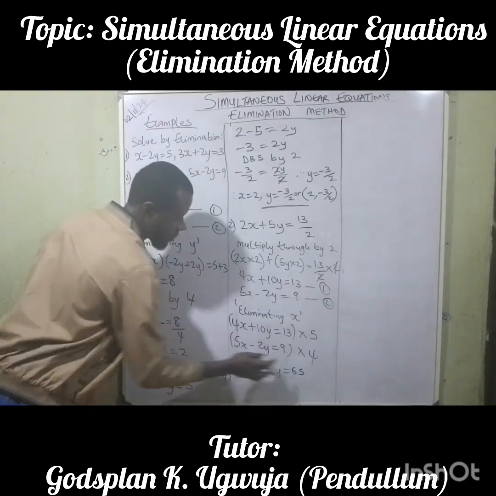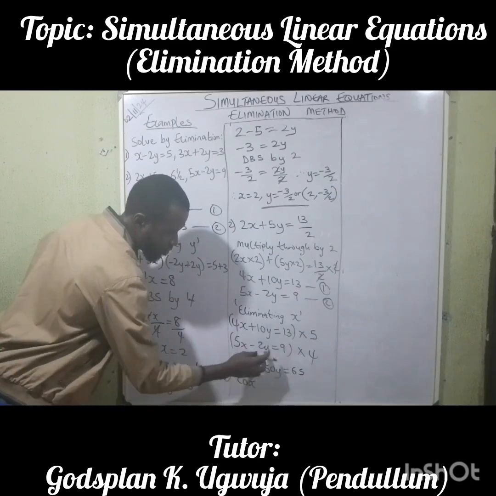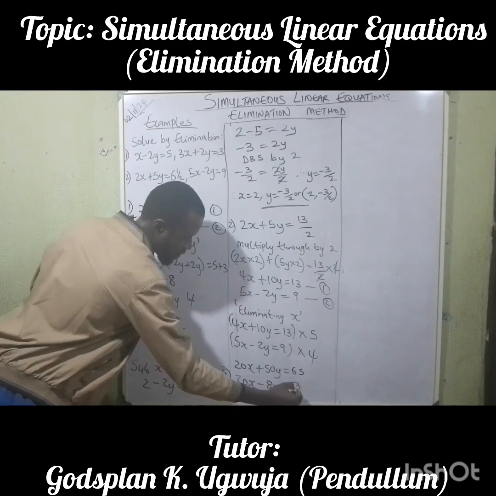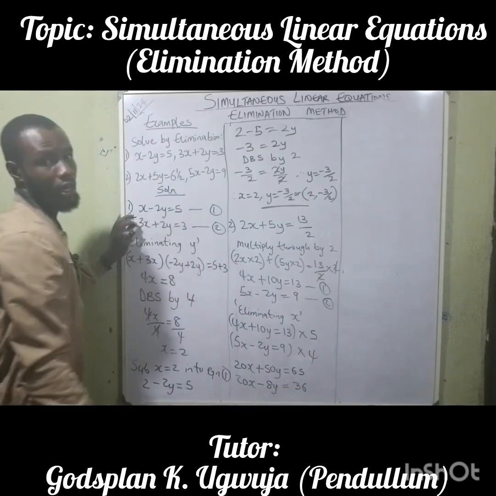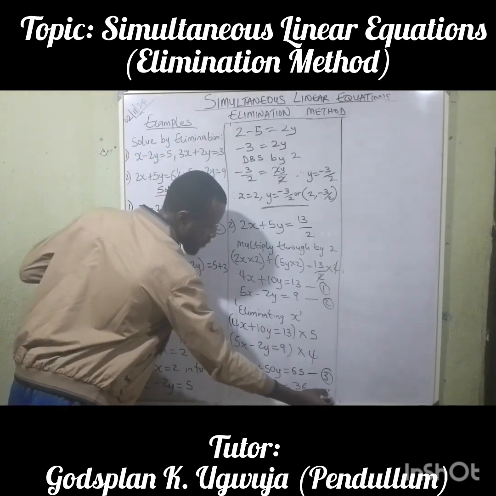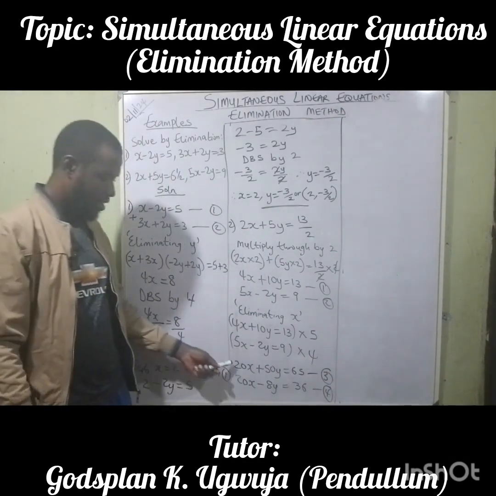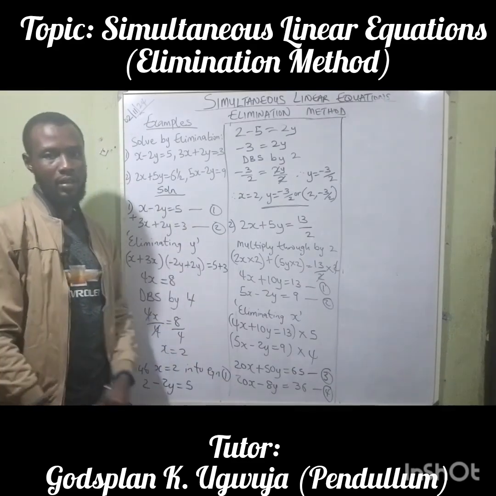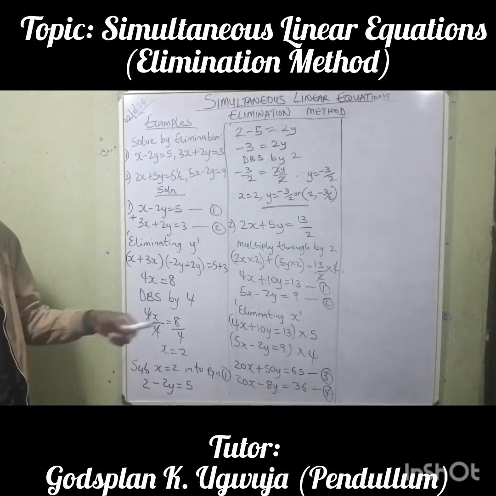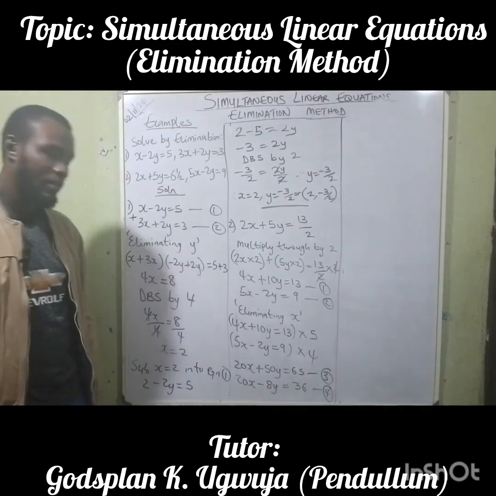And then 4 times 5x, 20x, 4 times minus 2y, minus 8y, 4 times 9, 36. Alright, and call this 3 and 4. Now, if you notice, the coefficient of x here and here is now the same. So that's the essence of doing this, multiplying up and down to make the coefficient of x the same.